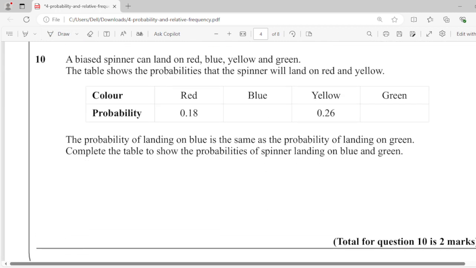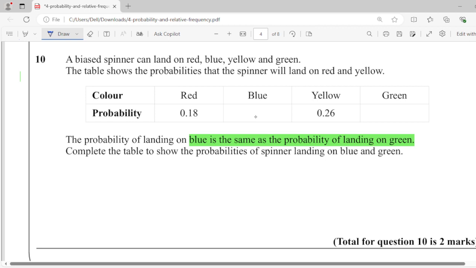Question 10. A biased spinner can land on red, blue, yellow, and green. The table shows the probabilities that the spinner will land on red and yellow. The probability of landing on blue is the same as the probability of landing on green. Complete the table to show the probabilities of the spinner landing on blue and green.